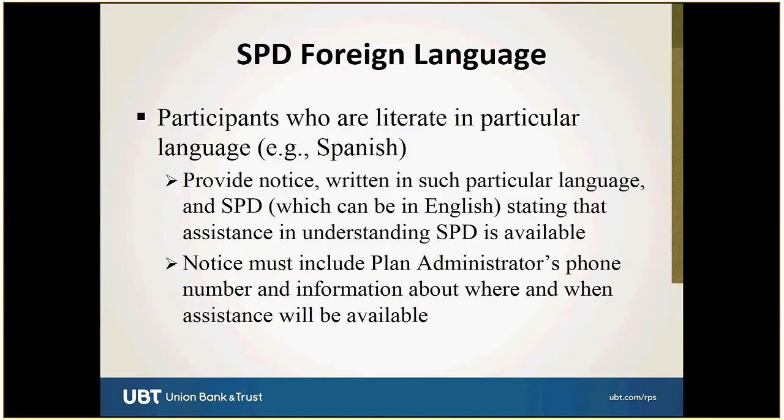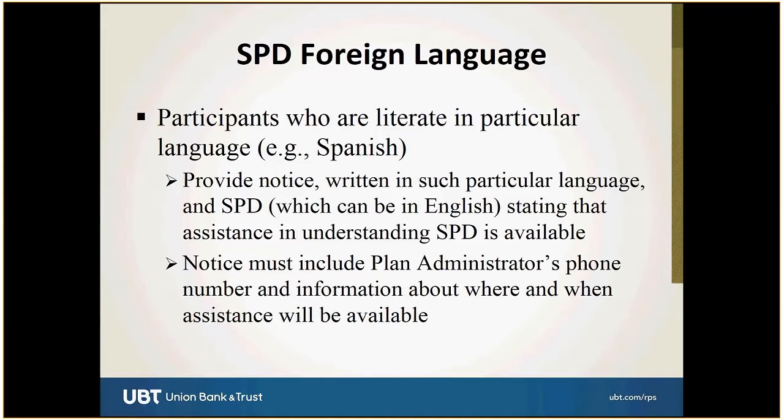One thing I do note, especially if you have a workforce where there's a sizable portion that are literate in a specific language other than English, then you need to be aware of the SPD foreign language requirement.